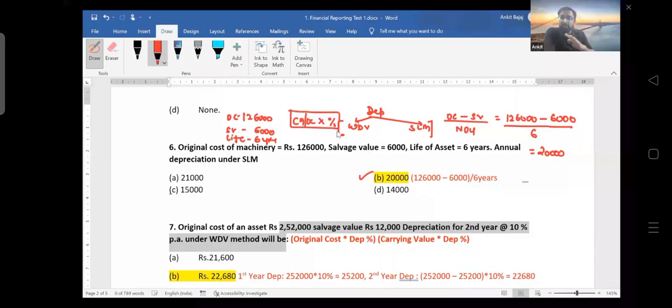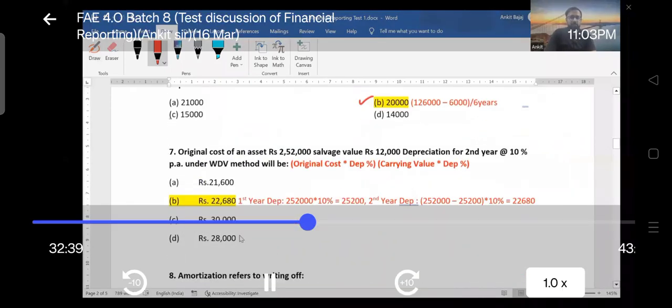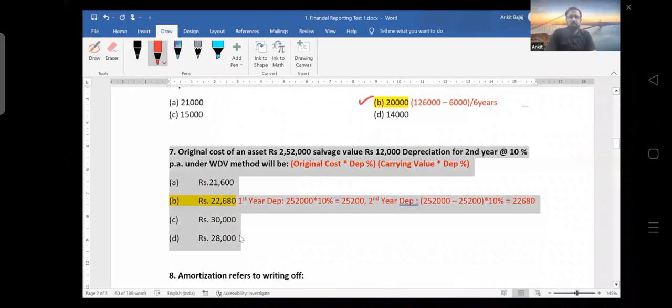What I will do, I will solve this question in Excel so you will be getting more clarity. I will copy this question in Excel and we will do it in Excel itself, so you will get more idea how to solve this question.